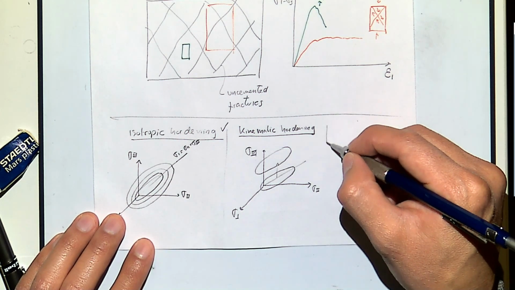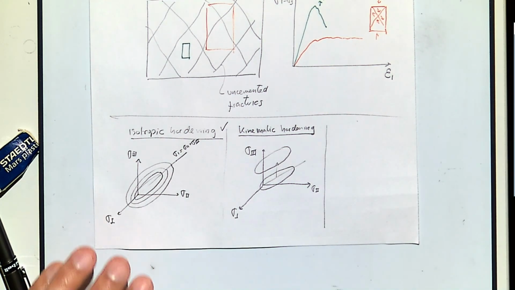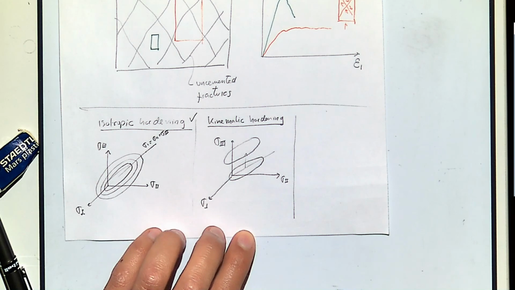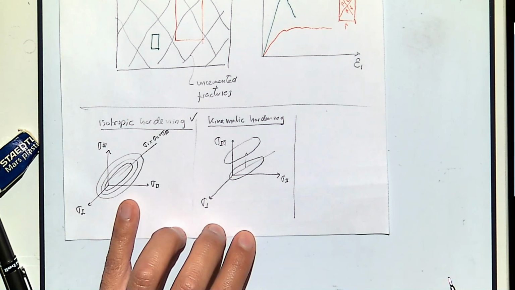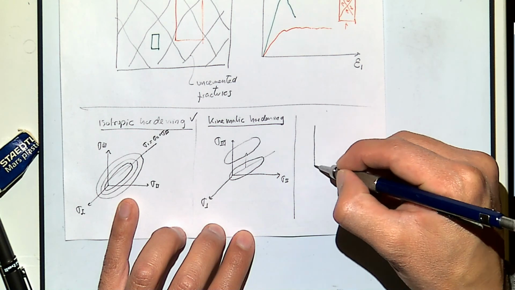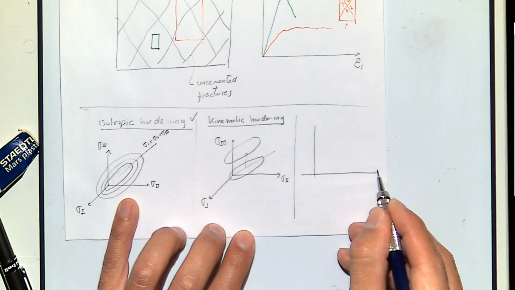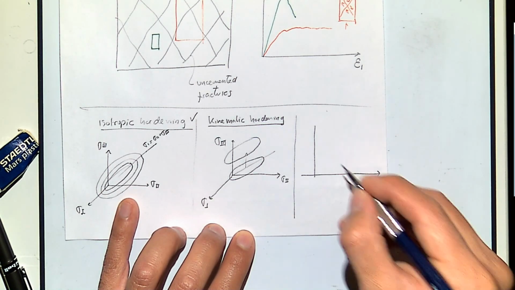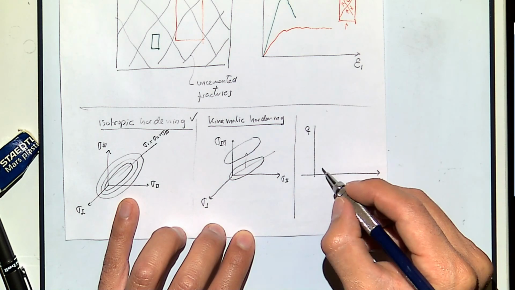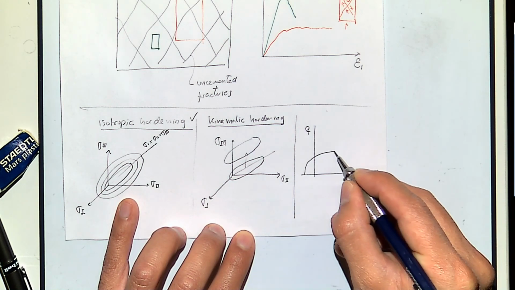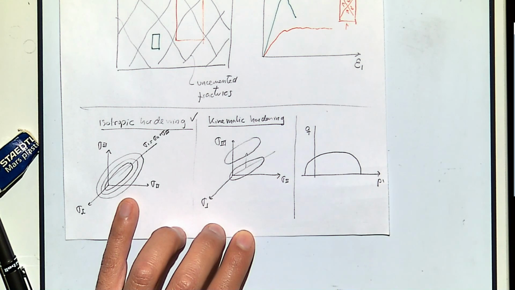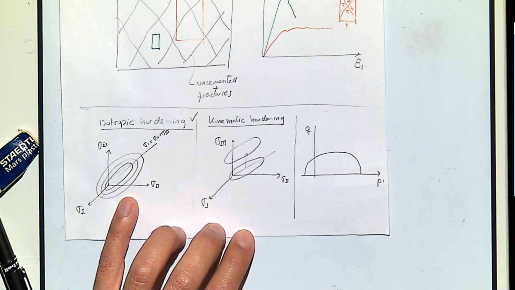And the last thing I want to mention is that we have seen also that the yield surface can change due to changes of mean stress.